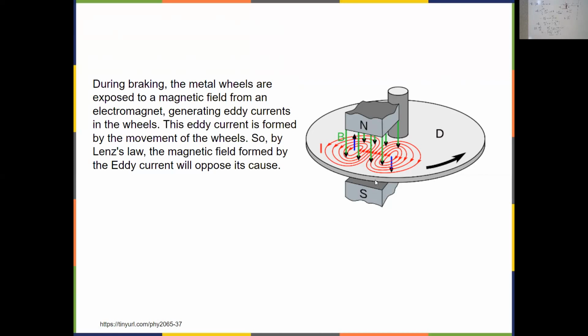Okay, so pretty much that's the way the magnetic field is produced in this case. Then because this drum is moving inside the magnetic field, there will be eddy currents induced in it, and they will have the effect of opposing the motion. So then you drag down the moving drum wheels in that case. Okay, so that's the electric brakes.